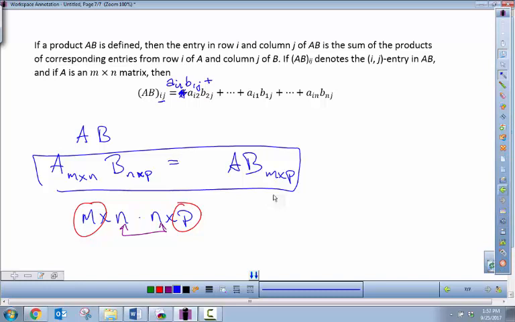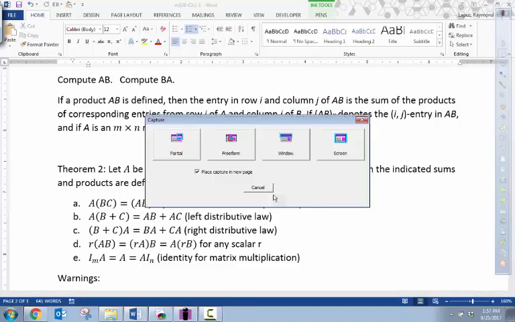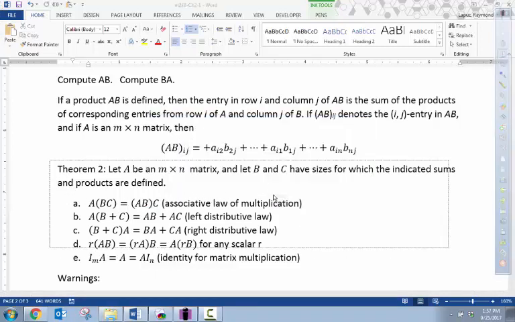We've got five minutes. We have properties for multiplication and warnings for multiplication. Those two pieces of information are important.